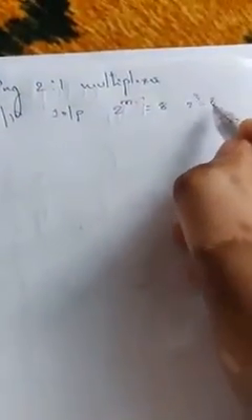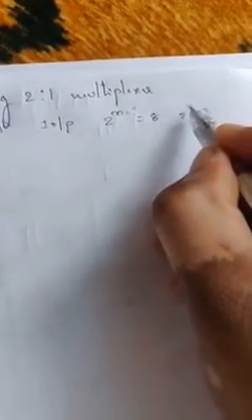If it is 8 data inputs, 2 to the power of m. What is m? 2 to the power of 3 is 8, right? So 8 data inputs, 3 control inputs, 1 output.